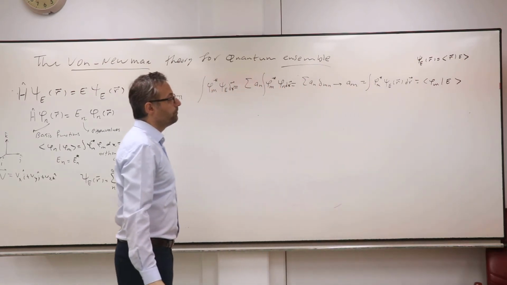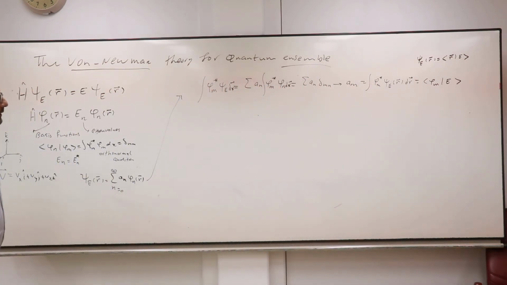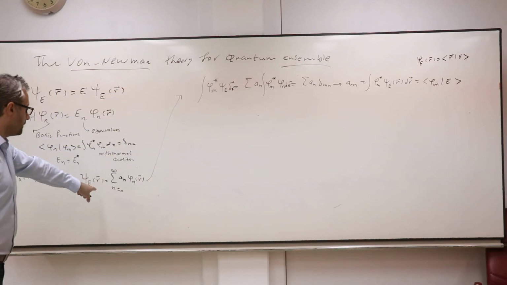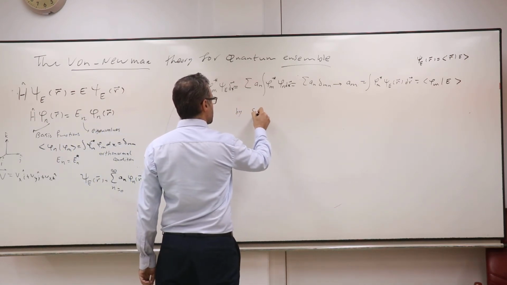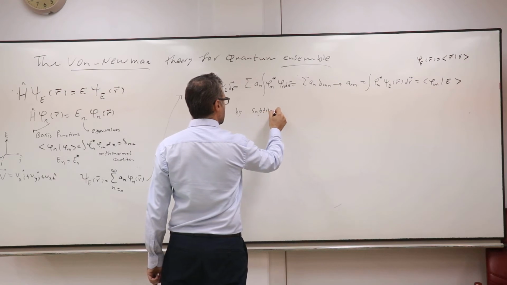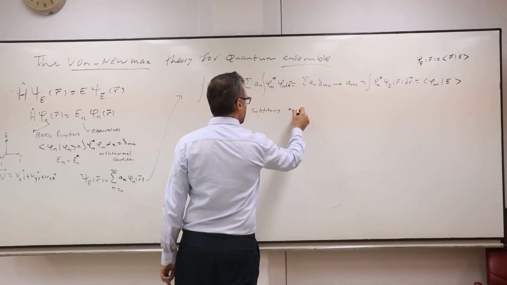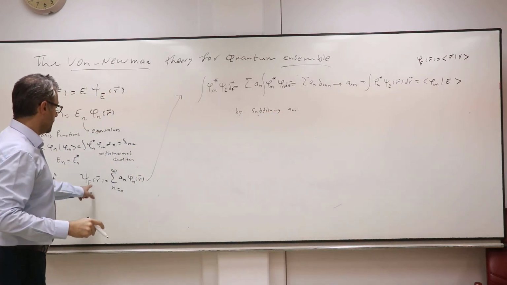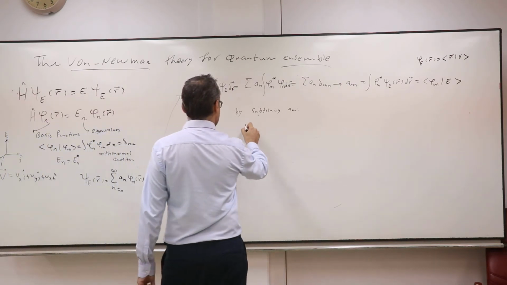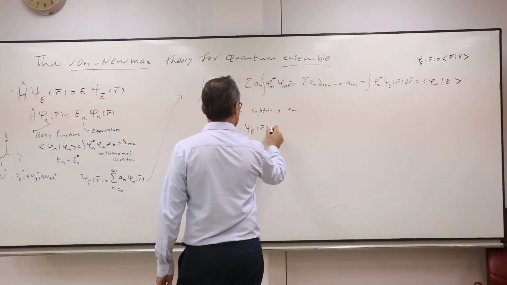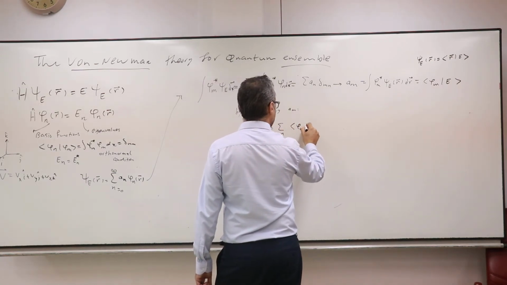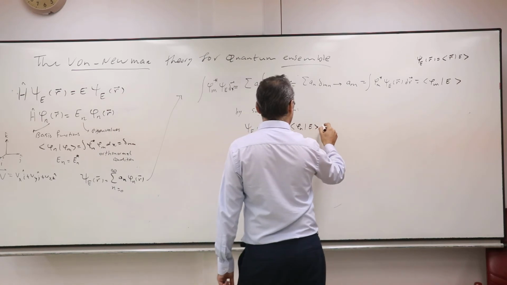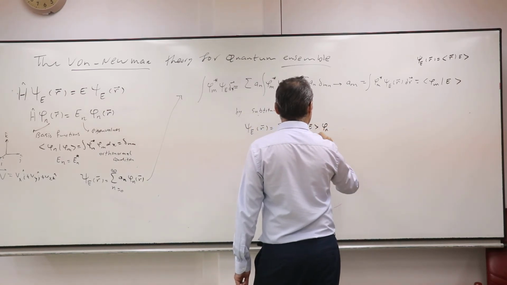The state is E. I want to replace this Am here, just for curiosity. So by substituting Am, what do we get? I replace this here, so psi E of r will be the sum over n of phi n E, phi n.